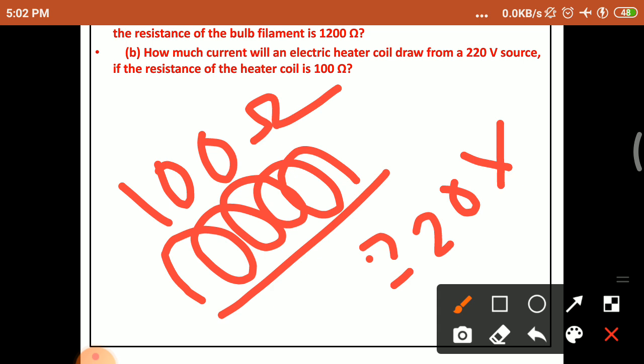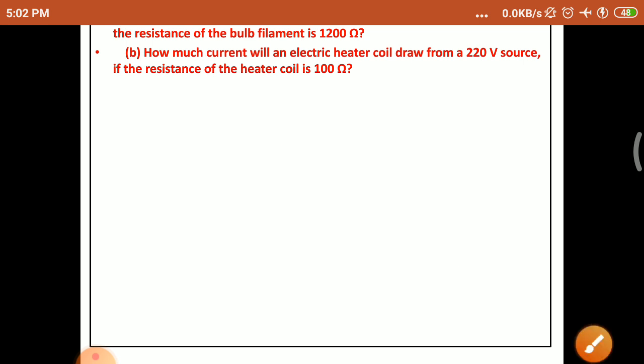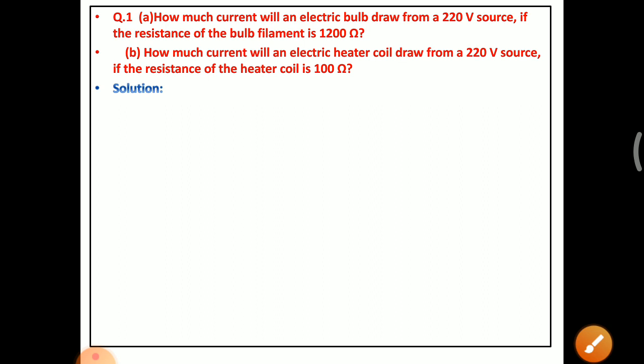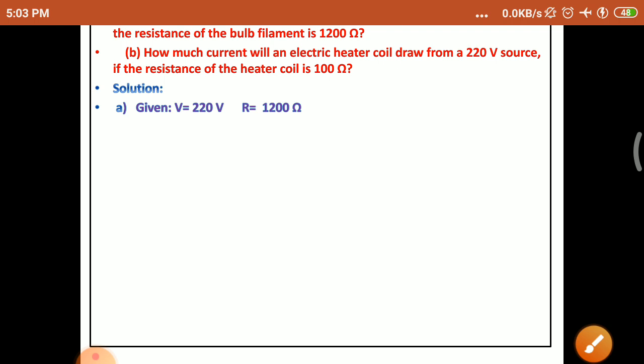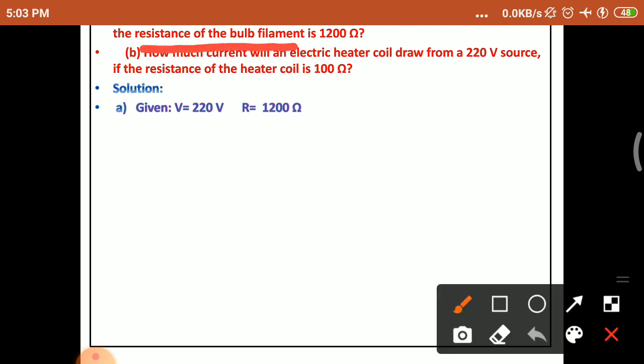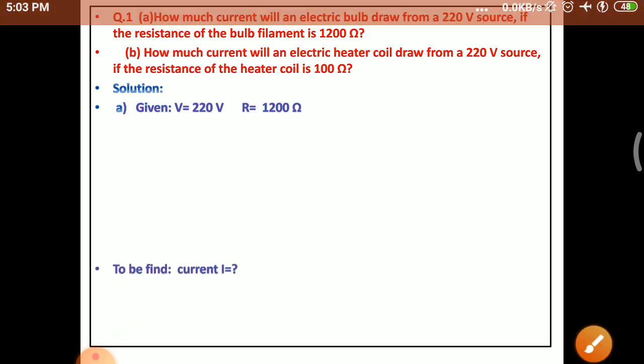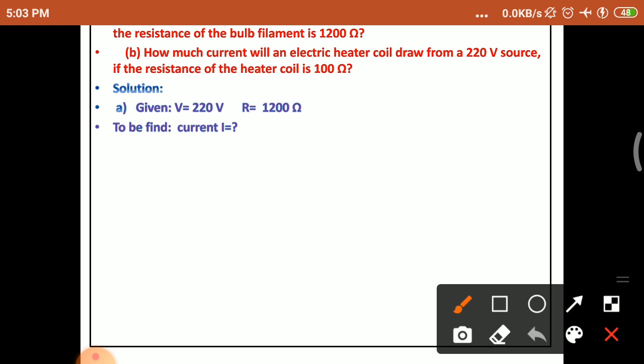Now we want to calculate how much current an electric bulb will draw from a 220 volt source. In the first question, given V equals 220 volt and the resistance of the filament, R equals 1200 ohm. See here, voltage in volt and R in ohm, so there is no problem in SI unit.